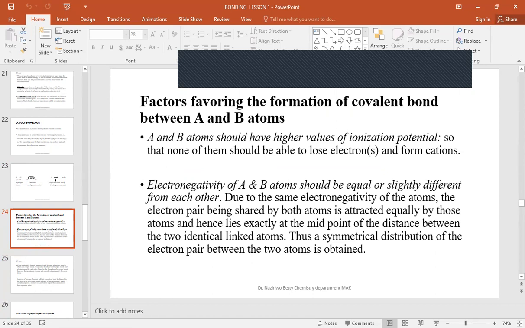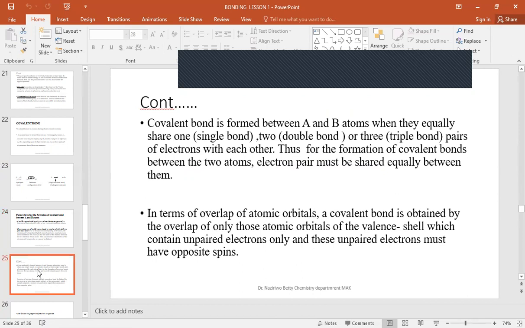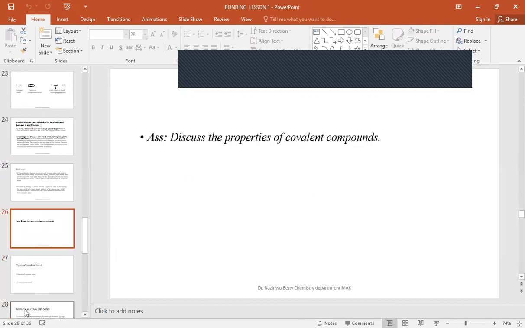Another one, the electronegativity of both atoms must be the same or slightly different from each other. An assignment: discuss the properties of a covalent bond.